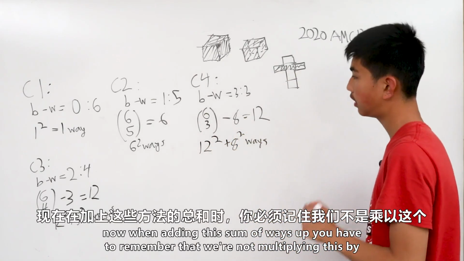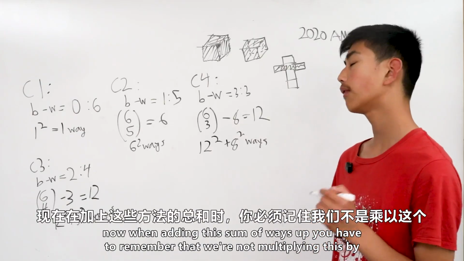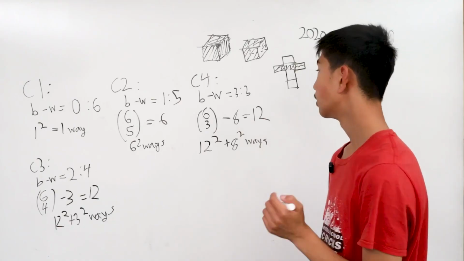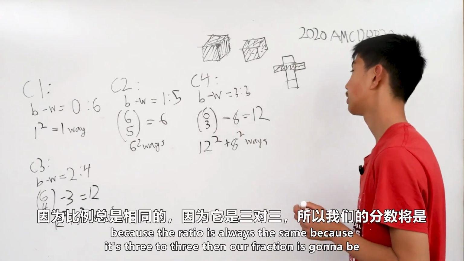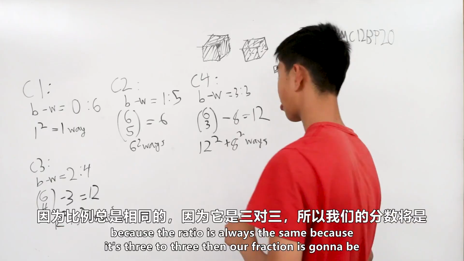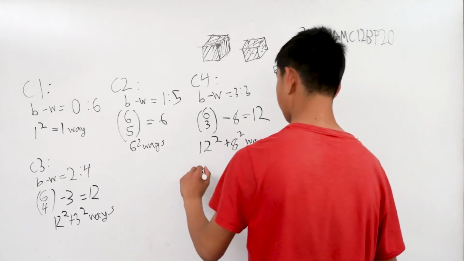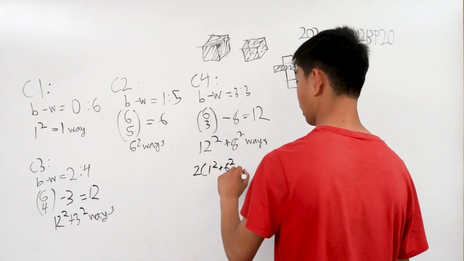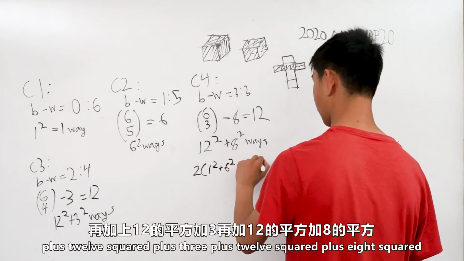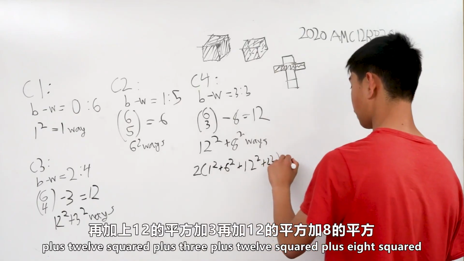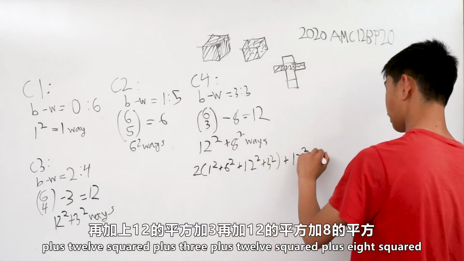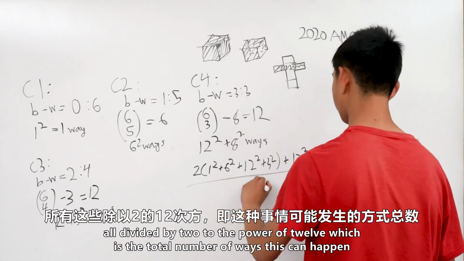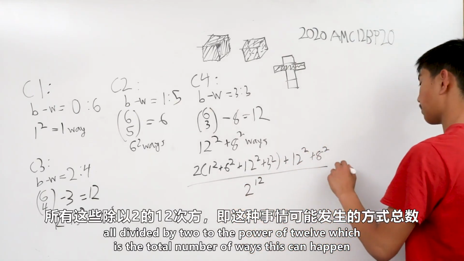Now, when adding this sum of ways up, you have to remember that we're not multiplying this by 2 because the ratio is always the same, since it's 3 to 3. Then our fraction is going to be 2 times 1 squared plus 6 squared plus 12 squared plus 3 squared, plus 12 squared plus 8 squared, all divided by 2 to the power of 12, which is the total number of ways this can happen.